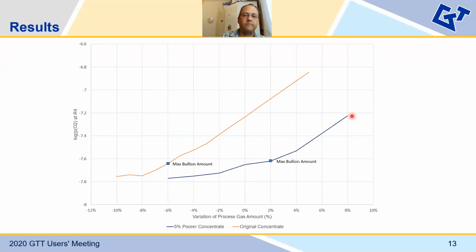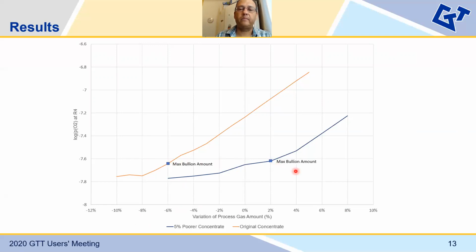So to understand this, we take a look at the two situations. When you plot the log of the oxygen partial pressure at R4, that is to say the bubble, as a function of the variation of the process gas amount, you see that, quite interestingly, the point which corresponds to the maximum bullion amount, in the two situations, corresponds to more or less the same oxygen partial pressure.